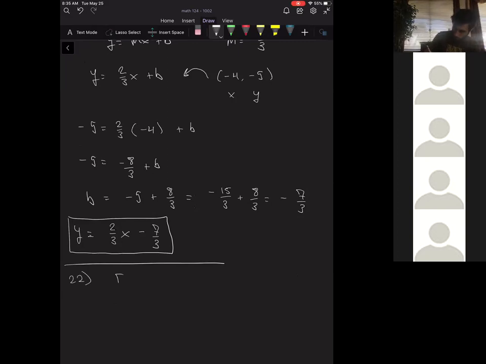So just find the equation of a line that passes through -3, 7 and -1, -5.